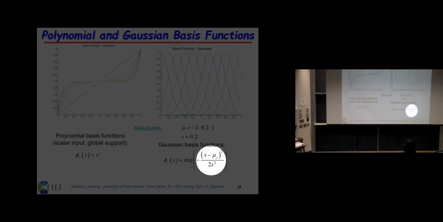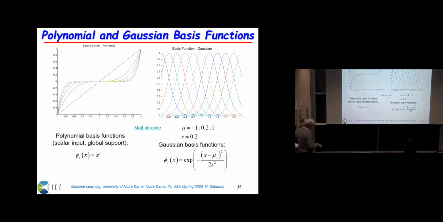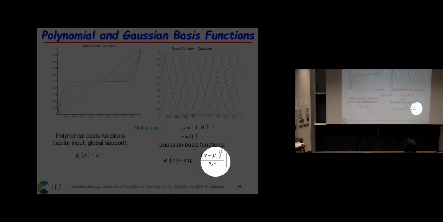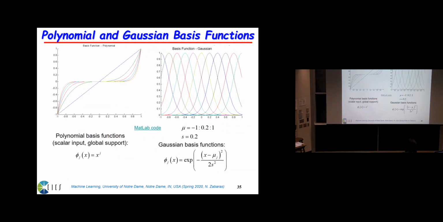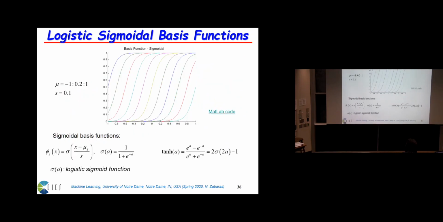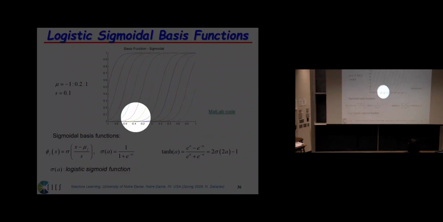Lots of people call them squared exponential basis functions because they don't have the normalization factor, but they do look like Gaussians to me, so I'm going to call them Gaussians. So they look like that. And there's another basis function here. You can also use sigmoids.